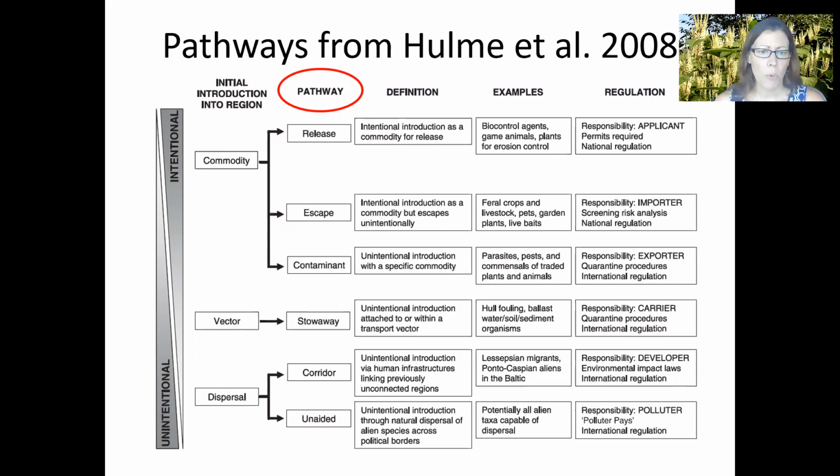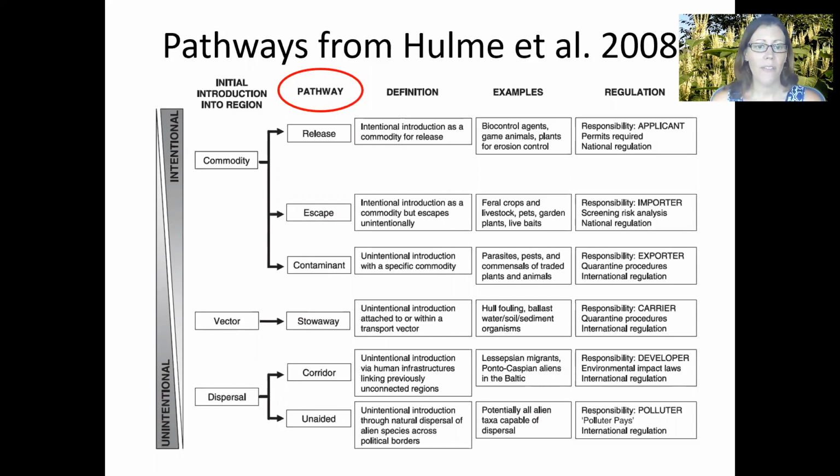And the reason that this is important is because you can see on this graph that there are some example regulatory and policy actions that we could take that would try to close that pathway, right? So try to stop those invasive species from either unintentionally or intentionally being introduced.